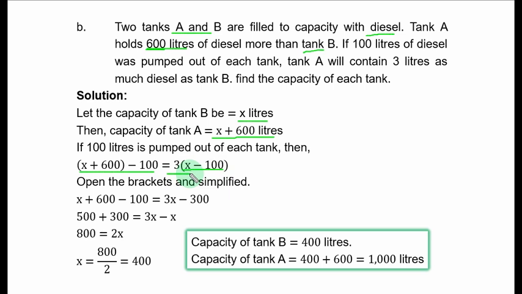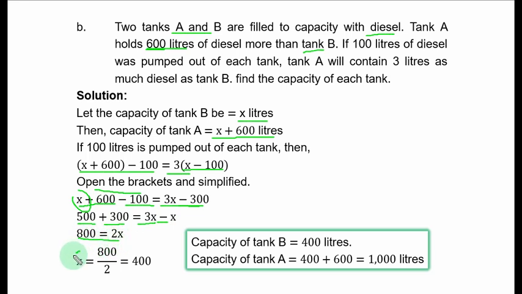You open the brackets and simplify. You have S plus 600 minus 100 equal to 3S minus 300. You simplify the left hand side. You have 500. If you transfer this term in, it becomes plus 300. 3S is here. You transfer this S, you have minus S. If you add and subtract, you have 800 equal to 2S.